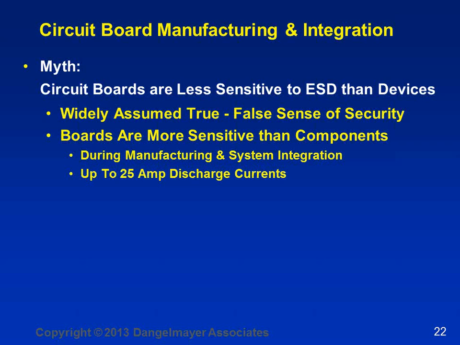As we mentioned earlier, discharge currents as high as 25 amps are not unusual. So in fact, boards are more sensitive than devices by themselves, again, when they are separate from the enclosures and available for direct contact.